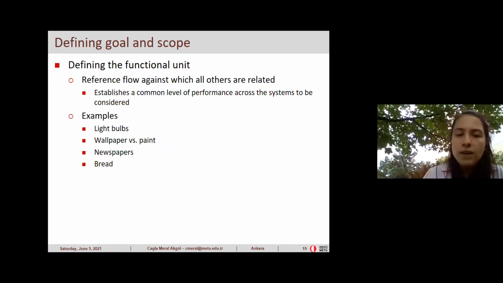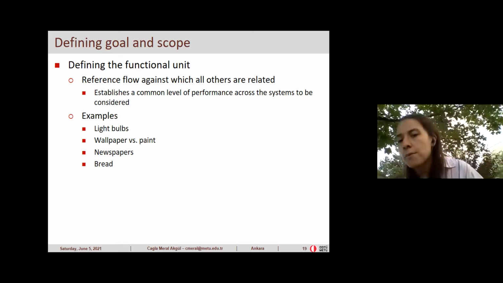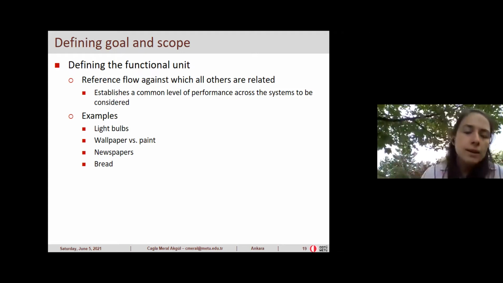Once you are defining your functional unit, the reference flow against which all others are related is basically your functional unit. Establish a common level of performance across the systems to be considered. So you cannot compare 1 meter cube of concrete with 1 package of cement. You cannot compare them. And to make things comparable, you need to determine what your functional unit is.